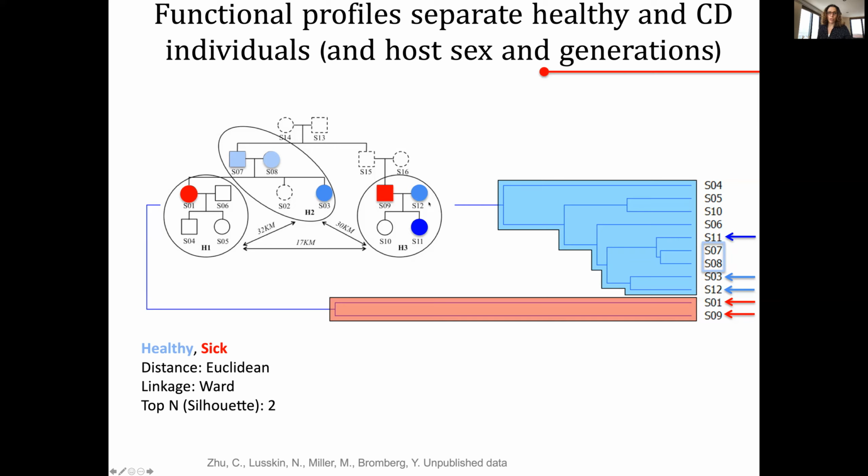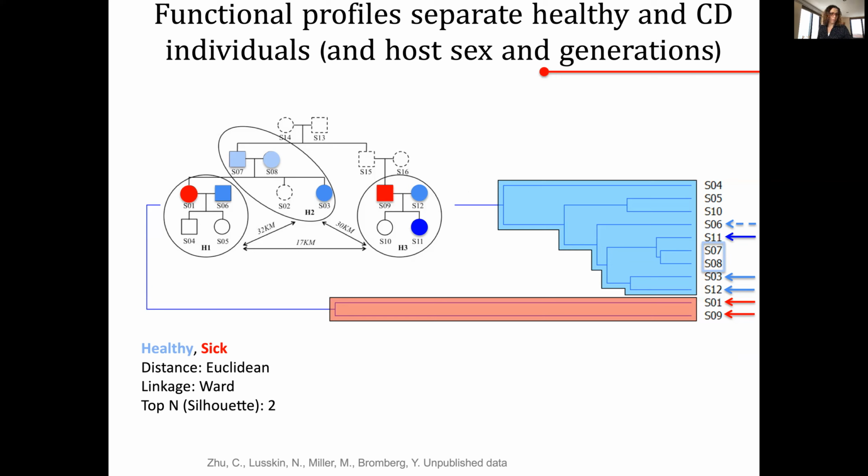So they're related by marriage, but they share the same microbiome or very similar microbiome. And that speaks for generational and potentially sex difference in microbiomes, because the healthy male in this population, S06, is actually far removed from these individuals that are close to each other.